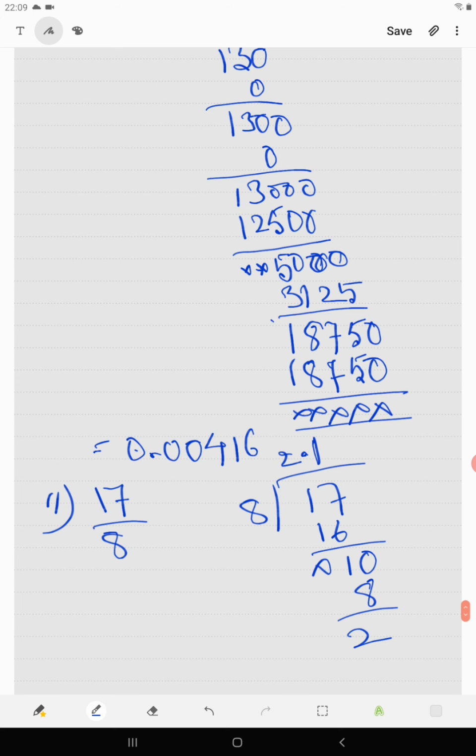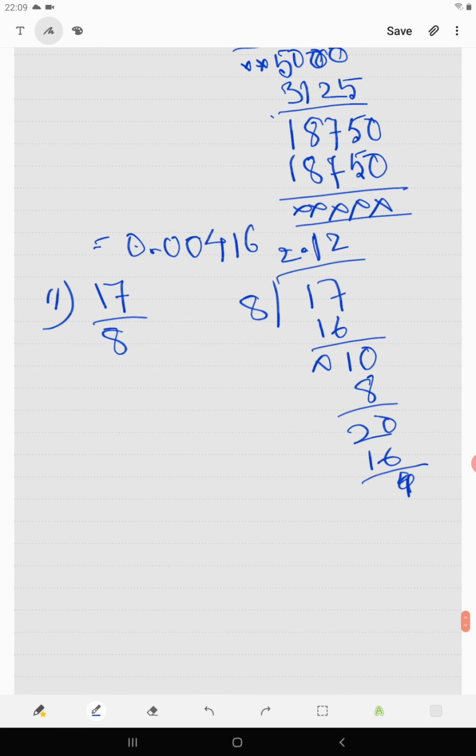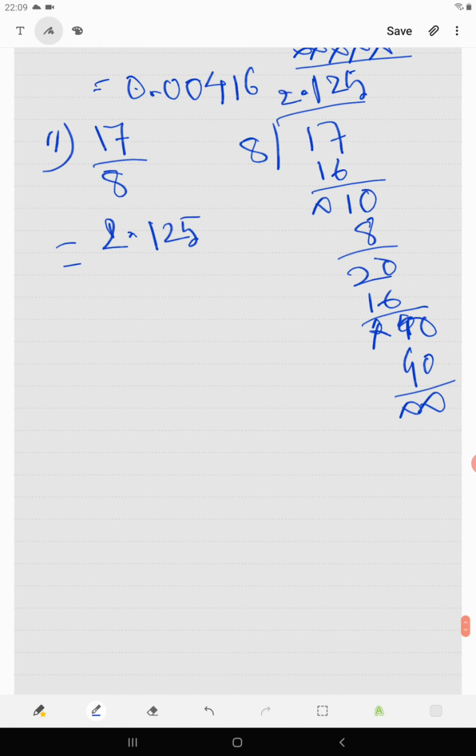Okay, so 2, 0 will come, 8 2s are 16, 4. Okay, 4, 40, 8 5s are 40. So we have got 17 by 8 as 2.125. Very simple, very easy.